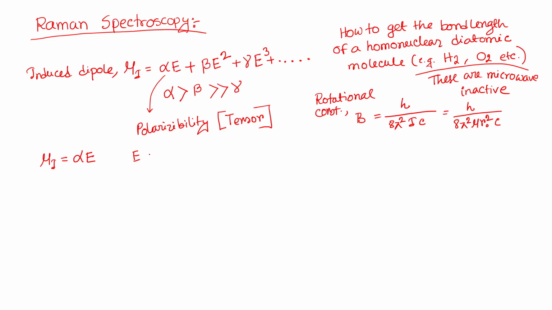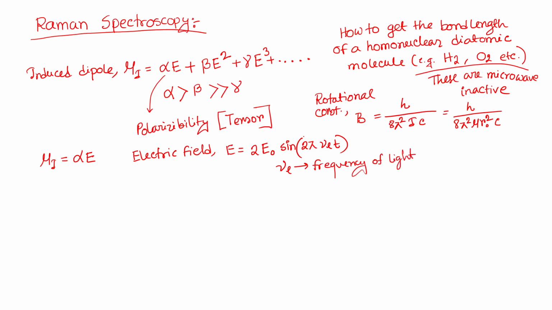Now we know that the electric field E can be written with magnitude 2E0 sin(2π ν_L t), where ν_L is the frequency of light. And your polarizability alpha can be written as alpha 0 when there is no electric field, and when it is interacting with the electric field, it is something like alpha 0 plus A, which is a constant, times sin(2π ν_M t).